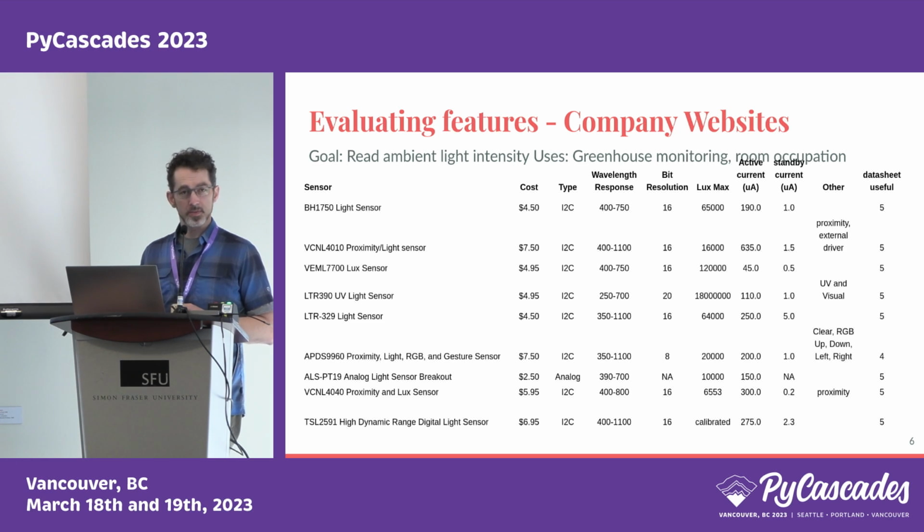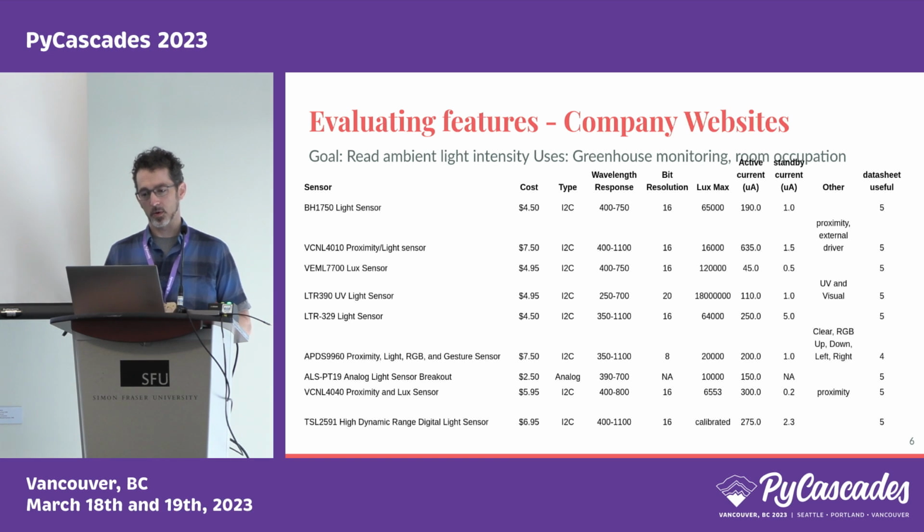I looked at 4 different websites: SparkFun, Adafruit, DigiKey, and Mouser. SparkFun and Adafruit are companies that make more of these things that you can hold in your hands, like breakout boards. So you're not using tweezers to grab the actual chip that's doing the work. And after considering a few things, the price ranges were actually surprisingly pretty tight between different chips. Their wavelength responses, so I started looking at how these things were specified physically.